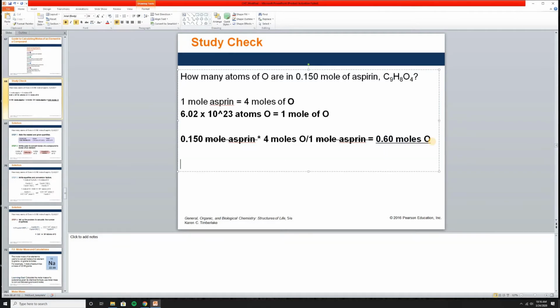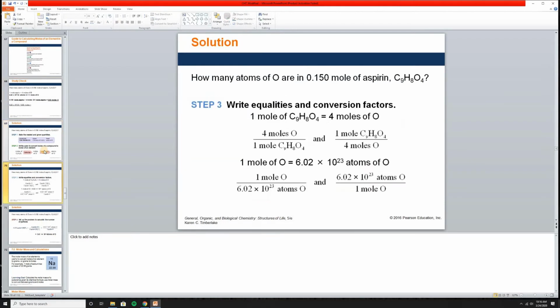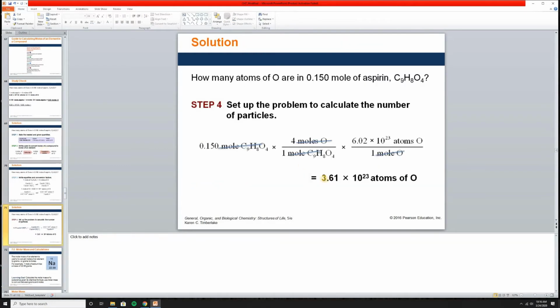Now we want to figure out how many atoms of oxygen are in that 0.6 moles of oxygen. So we're going to do 6.02 times 10 to the 23rd times 0.6 moles, and that's going to equal 3.6 times 10 to the 23rd.